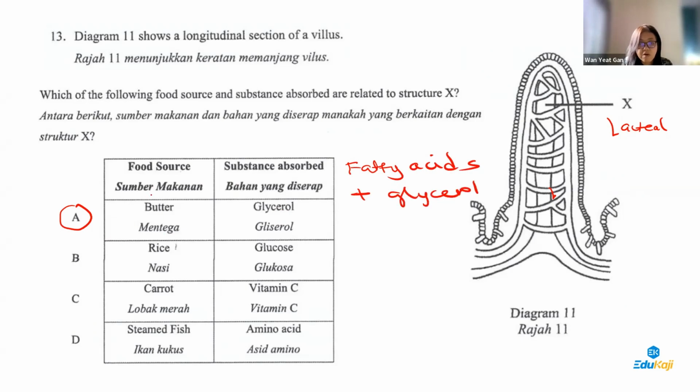So lipid is the food class absorbed through the lacteal. In this answer, butter is the source of lipid.